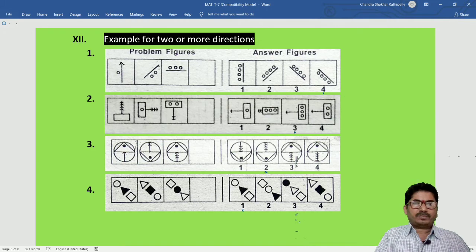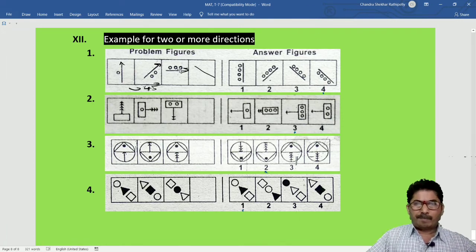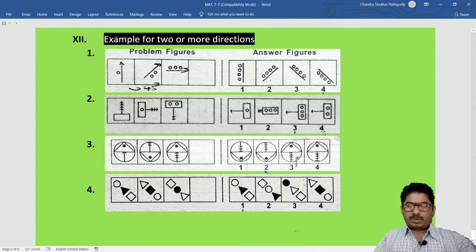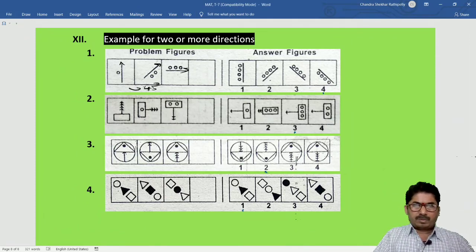So this line is rotating clockwise 45 degrees. So here to here, 45 degrees. Next to 45 degrees, like this comes. Like this comes, 45 degrees.